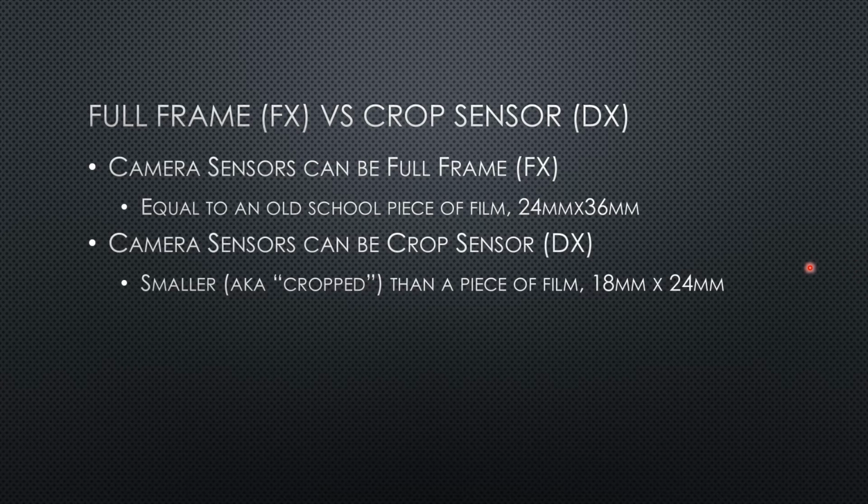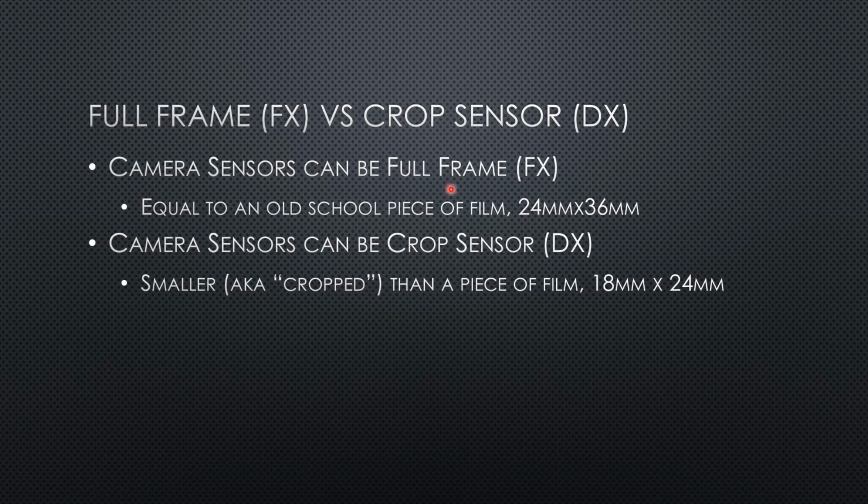So this would be in the Nikon line, it would be your D3000 line, D5000 line, D7000 line. In the Canon line, I believe it's the Rebel series, is completely crop sensor, although I could be mistaken, but I know that most of the Rebels, if not all, are crop sensor lenses. The full frame lenses or full frame cameras tend to be significantly more expensive.